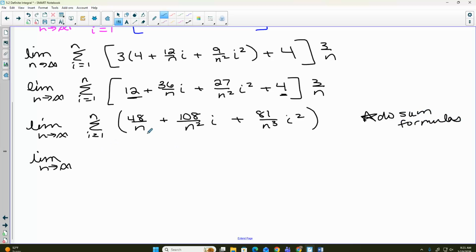All right, 48 over n. That doesn't have an i in it. What happens when you add that up over and over and over again? Yeah, because you have to take it times n, the number of times you add it up. It's just a constant. So if I'm adding that up n times, it gets multiplied by n.